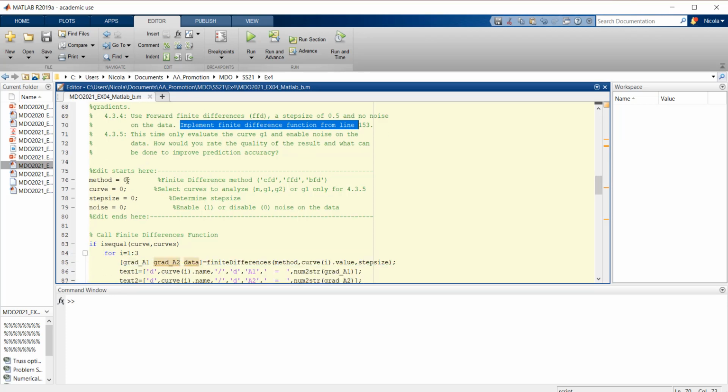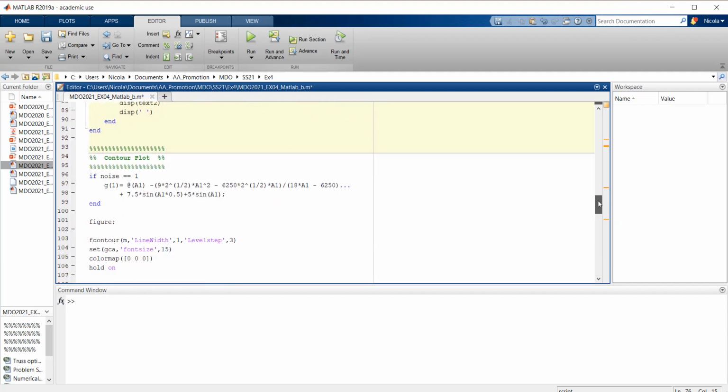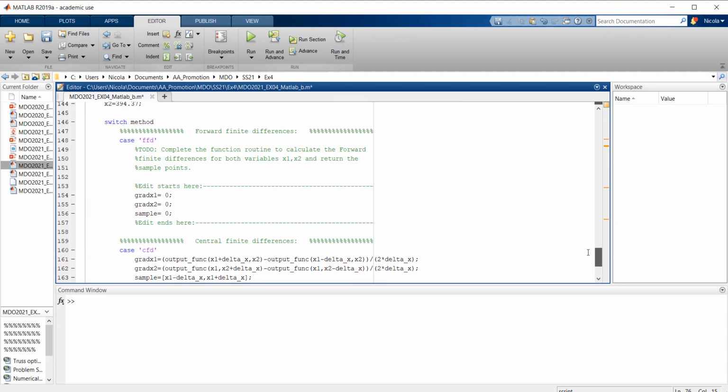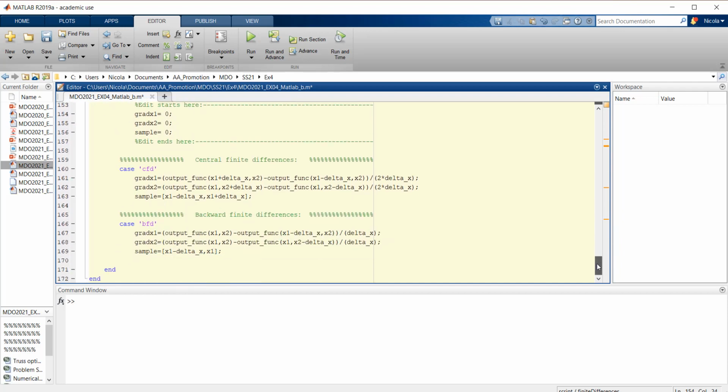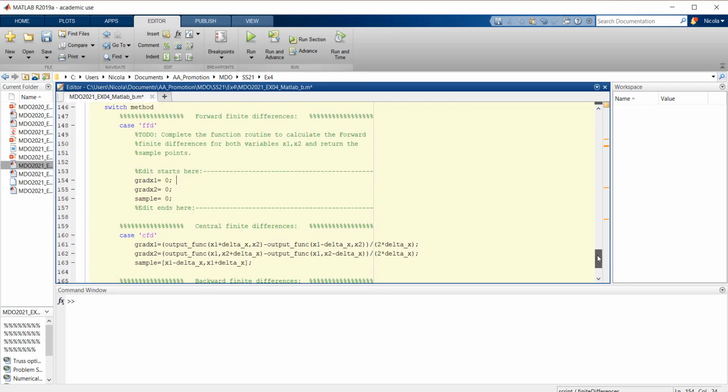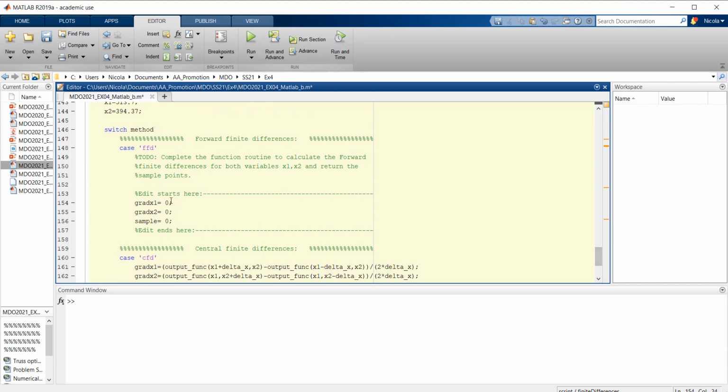Okay, so the method we want to use is FFD, forward finite difference, and let's jump to line 153. There's also the central finite difference, which we used, I think it was last task, and the backward finite differences, so you can play around with that a little bit if you want to.